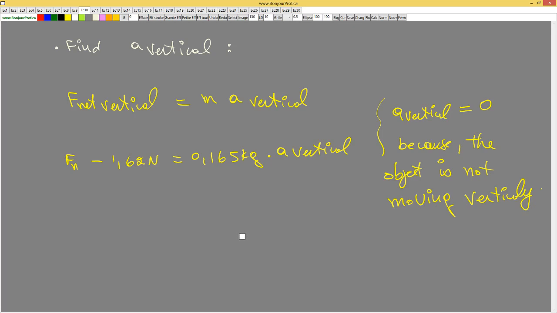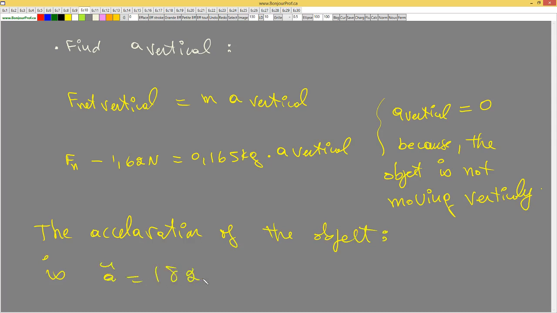So we find the acceleration because the vertical acceleration is 0. This is what we were looking for. The acceleration of the object is 180 meters per second forward.